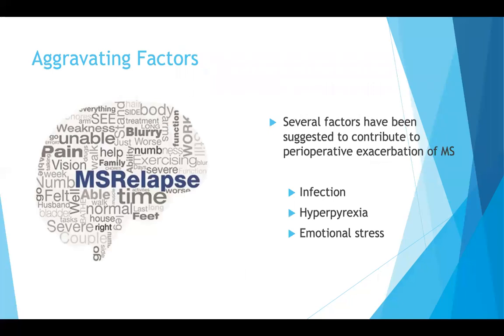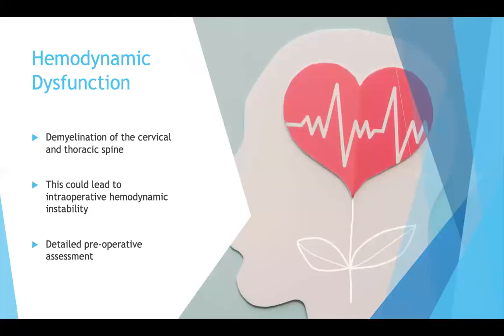In terms of aggravating factors, we know that there are several triggers in multiple sclerosis. Some of the most well-known are infection, hyperpyrexia, and emotional stress. Furthermore, we know that patients with multiple sclerosis can experience demyelination of the cervical and thoracic spine.